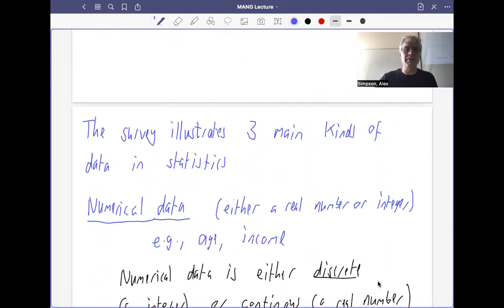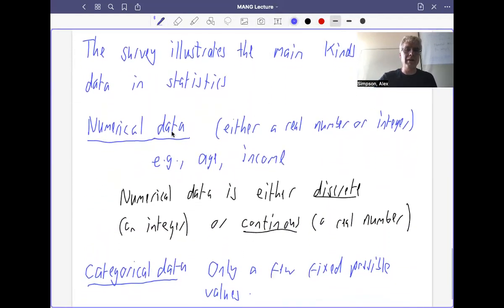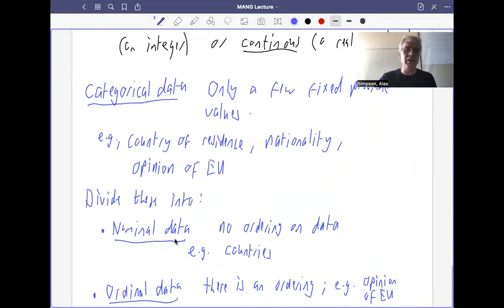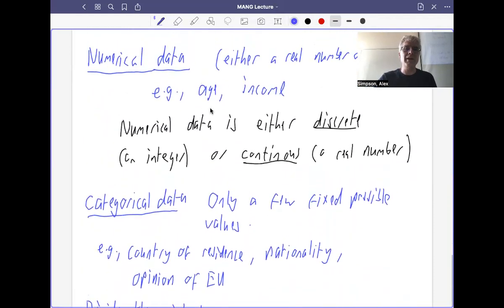So I think I'm going to remove the 3 here because it's a bit confusing. I'm just going to say the main kinds of data. The data are numerical data and categorical data, and categorical data include nominal data and ordinal data. But numerical data is also considered ordinal data because numbers have an order on them.